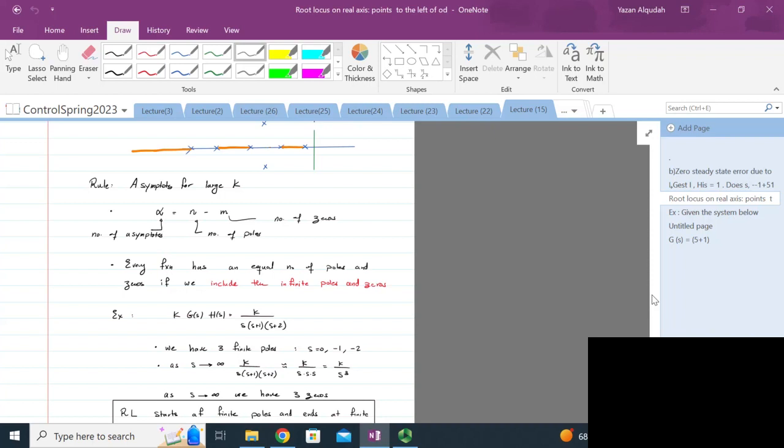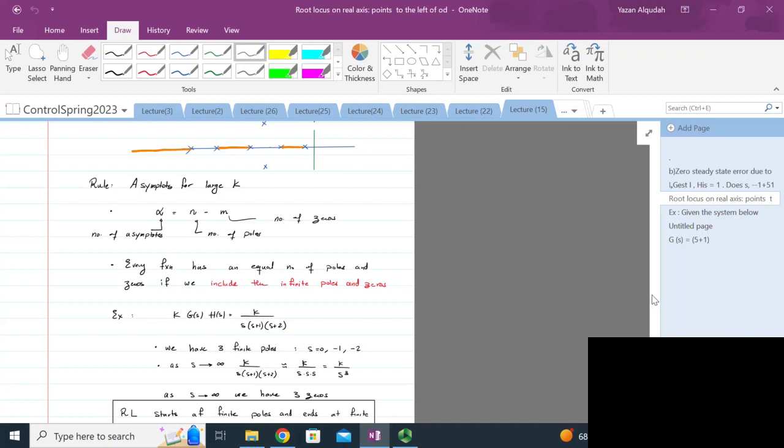Remember, we said every pole is going to end at a zero. So if I have 5 poles and 1 zero, I have one of the poles that's going to end at that zero, and I still have 4 that are going to end up as asymptotes. Make sense? So alpha equals number of poles minus number of zeros, meaning number of finite poles minus number of finite zeros. Make sense, everybody?